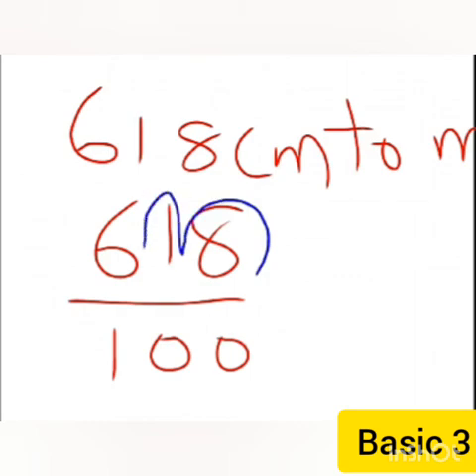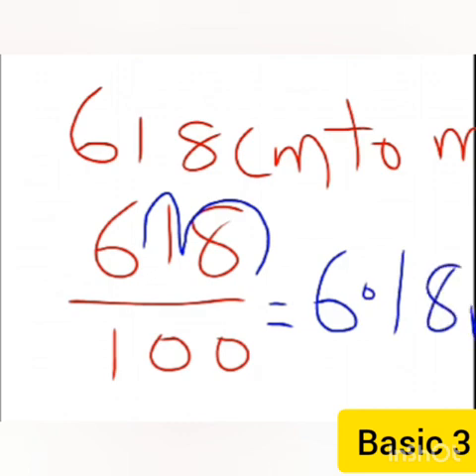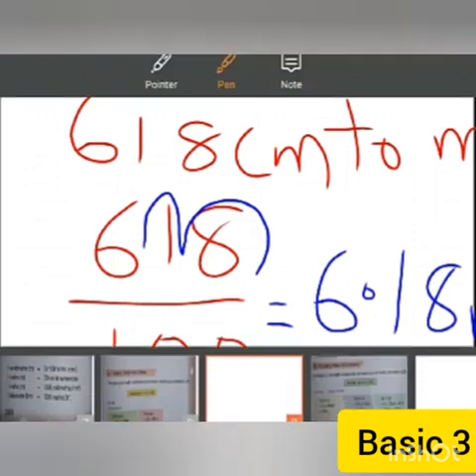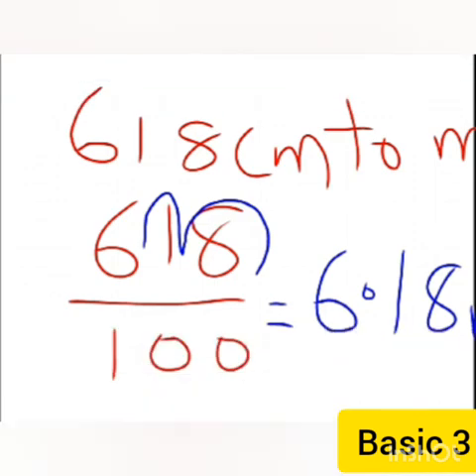So it means your final answer will be 6.18 meters because you were asked to convert from centimeters to meters. I can see you nodding because you got it right. That's beautiful.